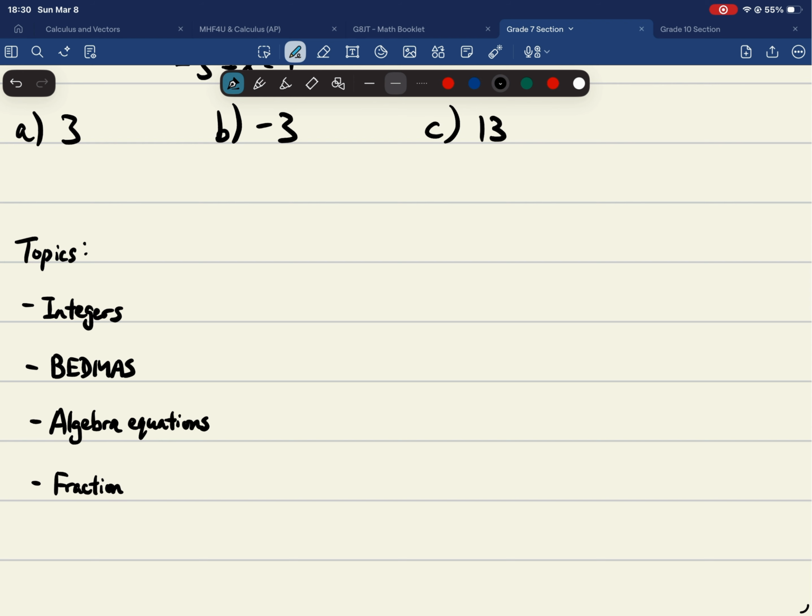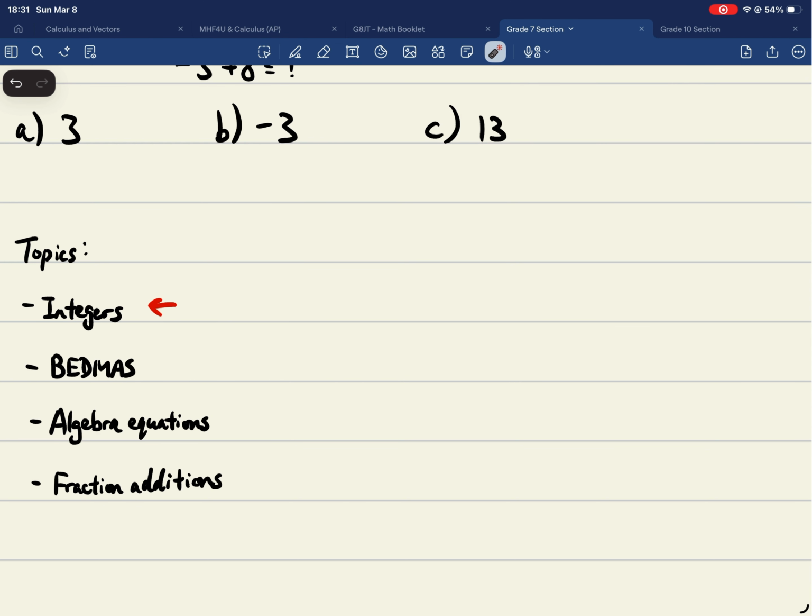The third one will be algebra equations, where you learn how to solve algebra equations involving x. And the last topic will be fraction additions. I know that's a very hard topic for grade 7, but I think you need some foundations when you go to secondary. So I think this section helps everyone.